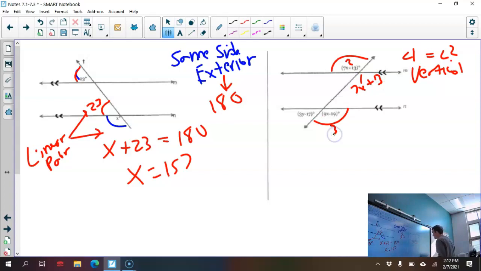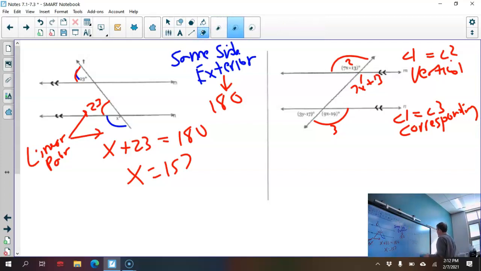And then let's call this angle 3. Angle 1 equals angle 3 because they are corresponding angles. See how I'm using my new rules? And so I actually know that the original two angles are equal to each other.